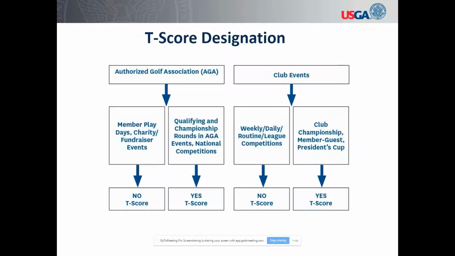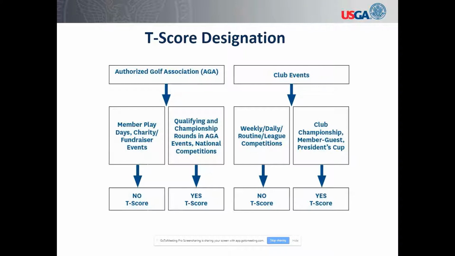Back in 2016, we had a very large conversation about what actually should be a T-score. This kind of changed in the handicap system, and we've done a pretty good job. And what I like is this diagram that is in your USGA Handicap manual that gives you some guidance on what should and shouldn't be a T-score designation.